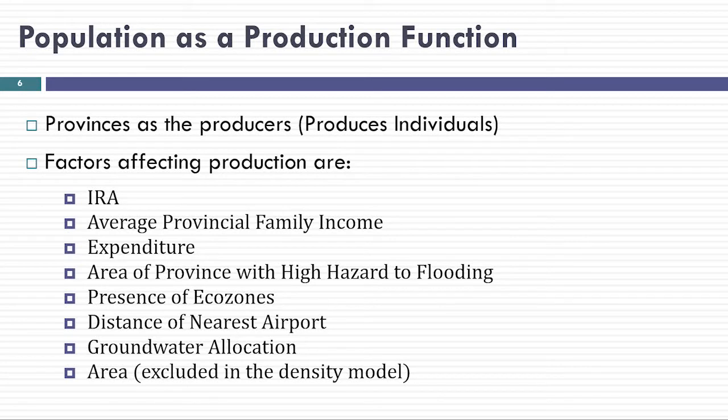Other variables were considered as indicated in the literature of population growth, but these variables were the ones that were significant during the modeling procedure. We have ERA, average provincial family income, expenditure, area of province with high hazard to flooding, presence of ecozones, distance to the nearest airport, groundwater allocation, and area.